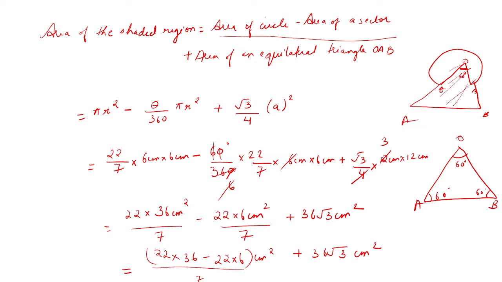So when you multiply this and subtract this, your answer would be 660 by 7 plus 36 root 3 centimeter square is your answer.